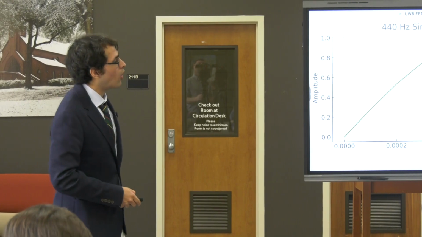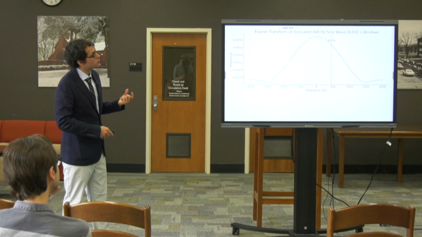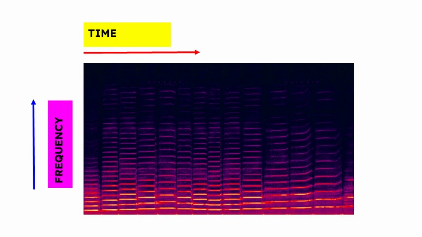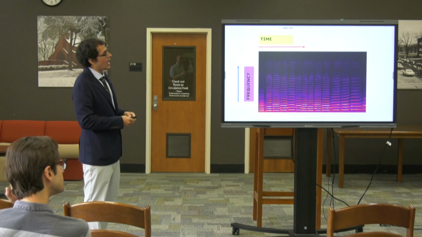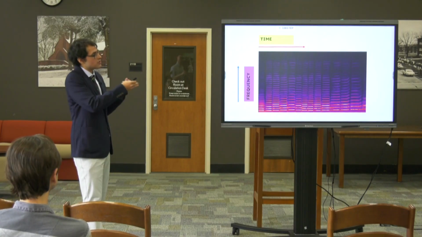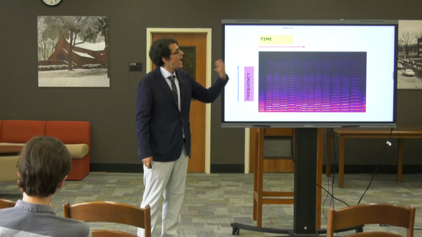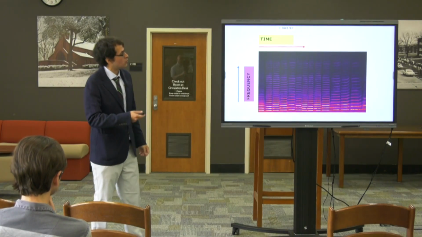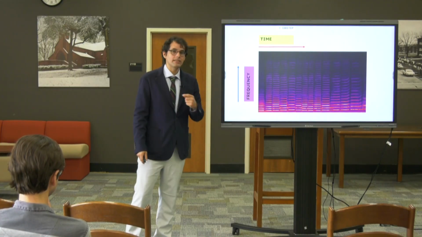So there is something called the short-time Fourier transform. What you do is split your signal into a bunch of chunks and Fourier transform each of these chunks, and then by looking at these chunks, you can do averaging or just take the magnitude, and that will tell you which frequencies appear at what time. This is what a spectrogram does.